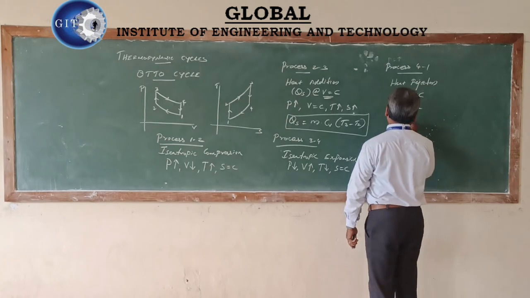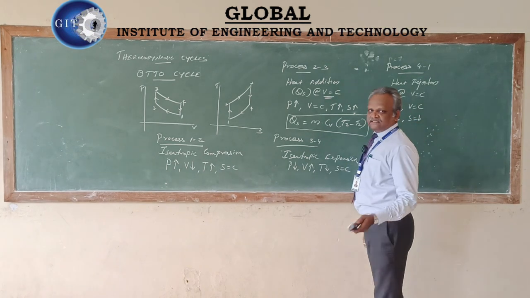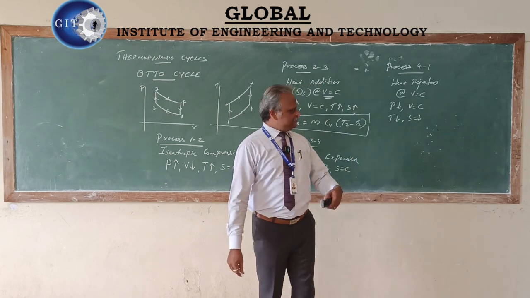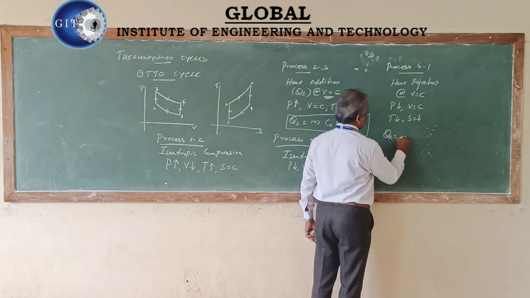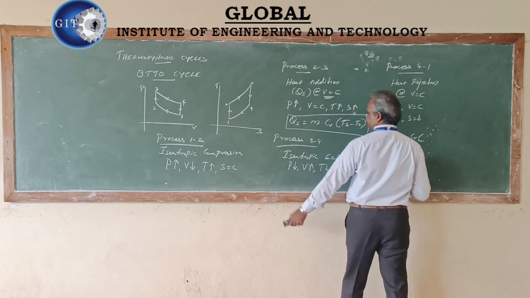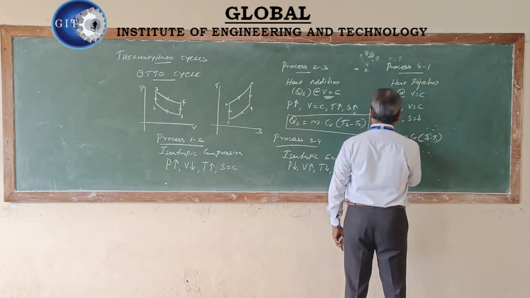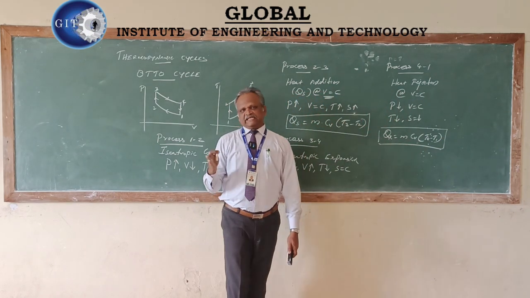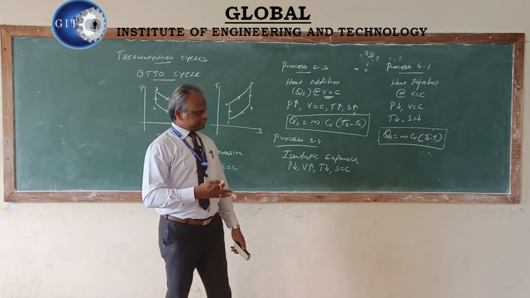So the temperature is reduced and the entropy is also reduced. If heat is rejected from the system, the entropy is also reduced. Mathematically, the heat rejection is m into Cv into the temperature difference T4 minus T1. So this covers the heat supplied, or heat addition, as well as the heat rejection.